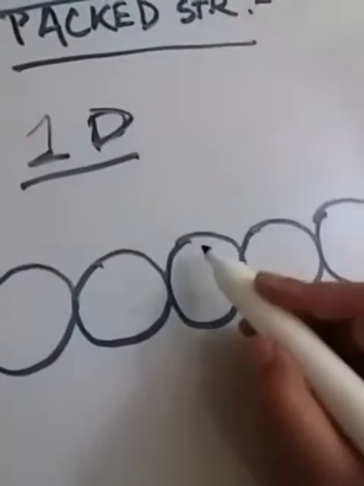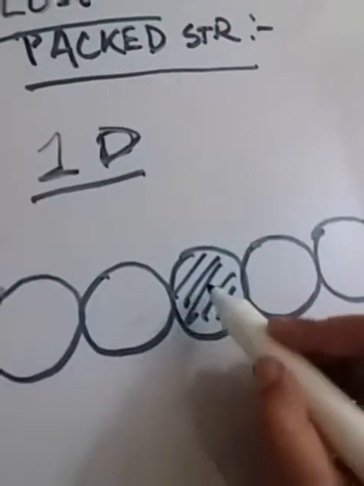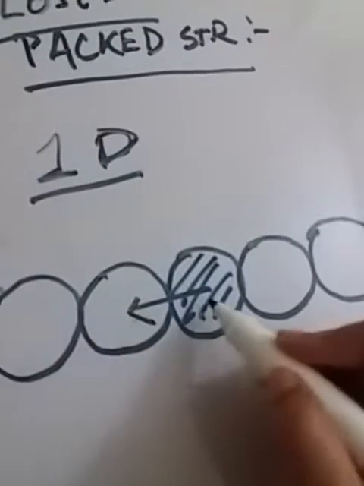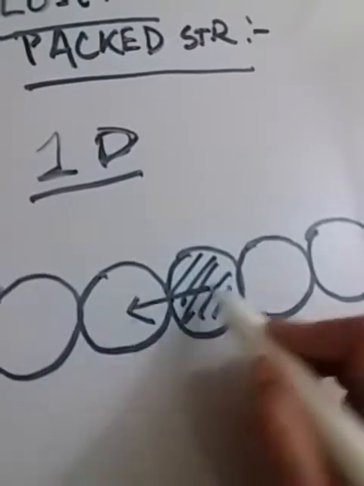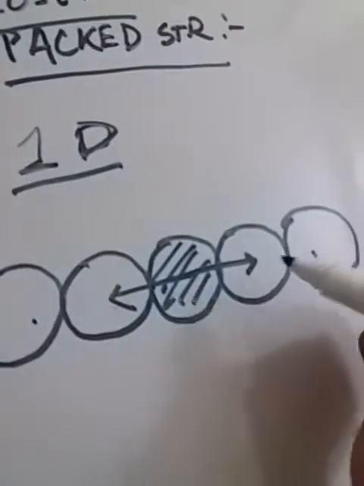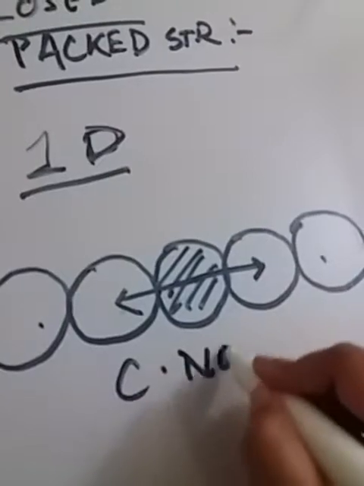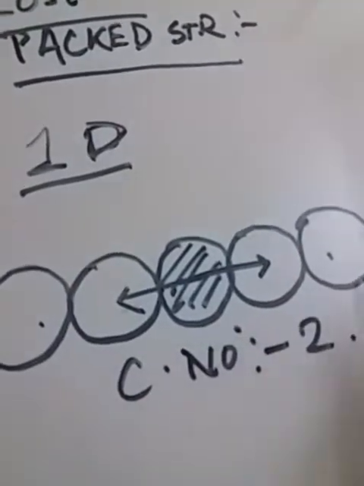Take an atom. I took this atom. This atom is coordinated with this atom, joined with this and this. Is it directly coordinated with this atom or this atom? No, only 2. So here the coordination number is 2.